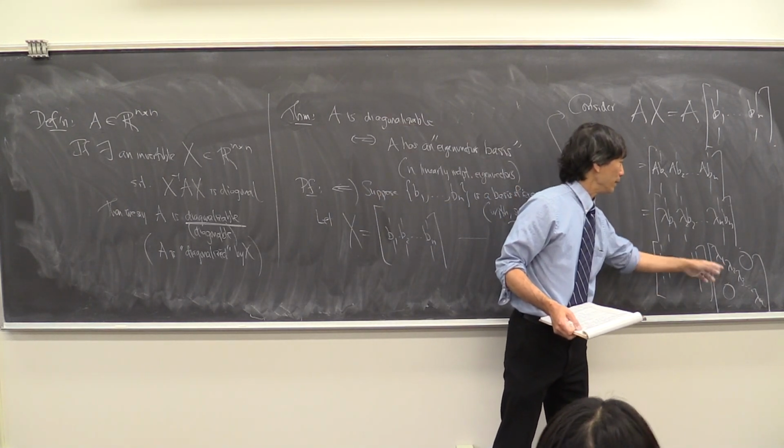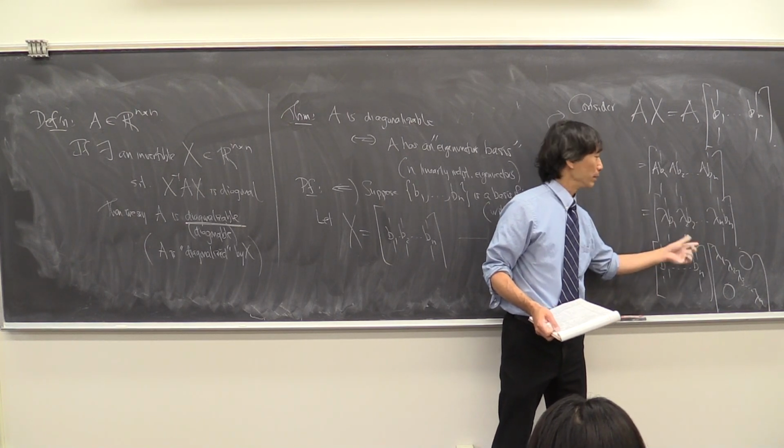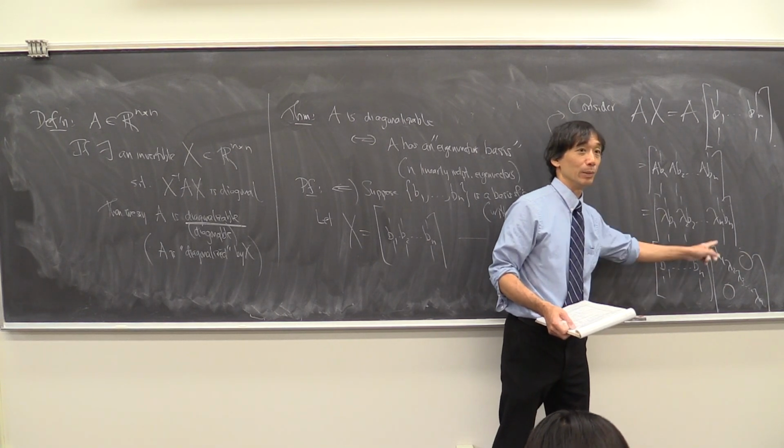When you multiply these together, lambda 1 only affects the first column, lambda 2 only affects the second column, and so on.